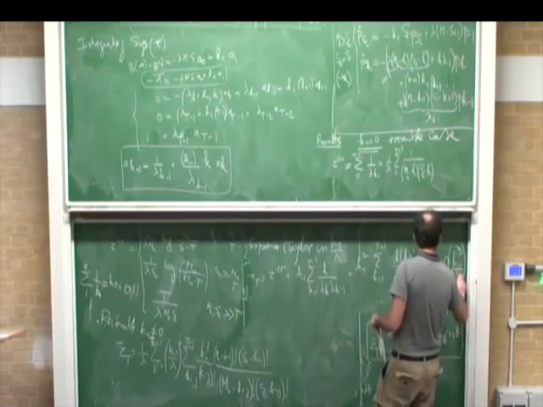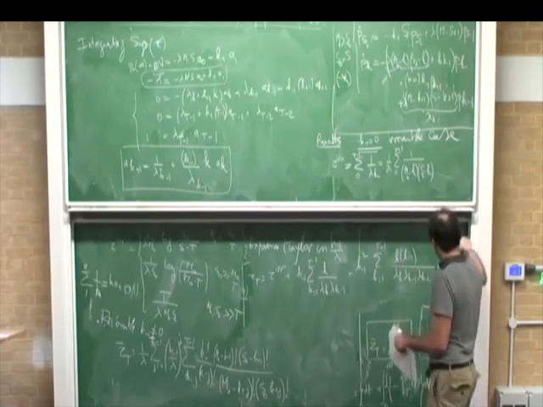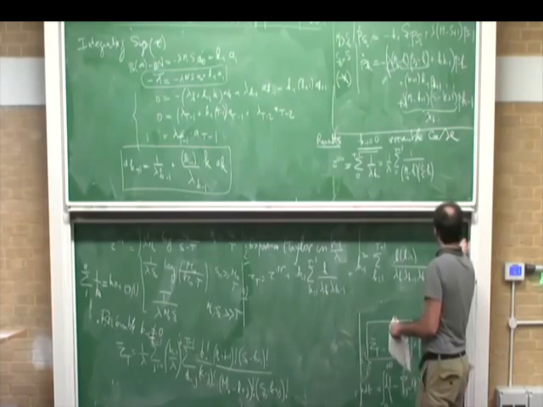In principle, this is a parameter, but lambda is contained here, so this is really the important parameter.